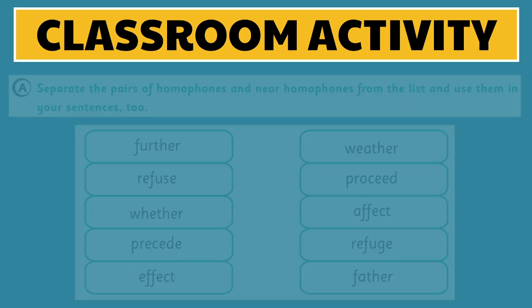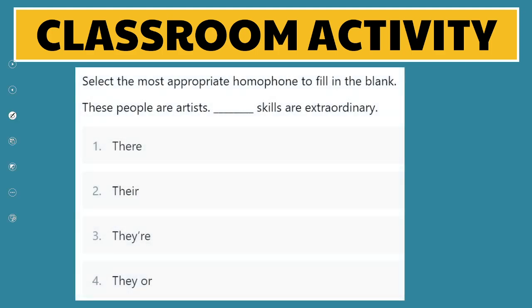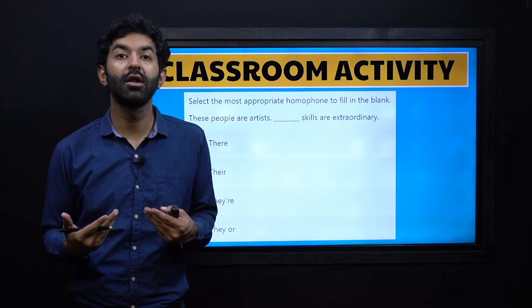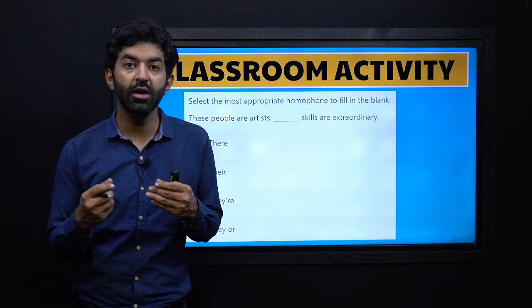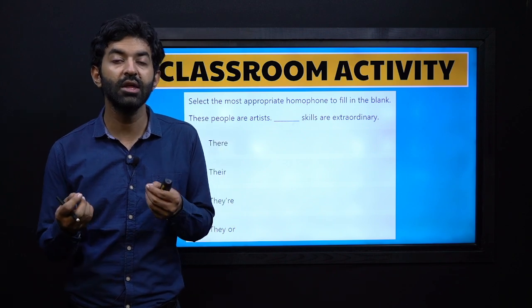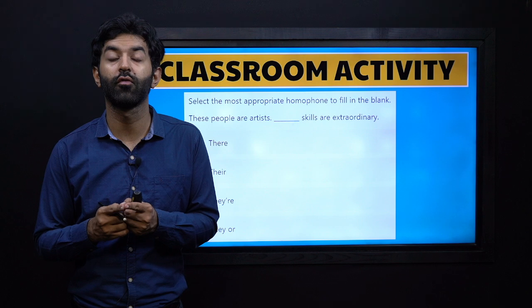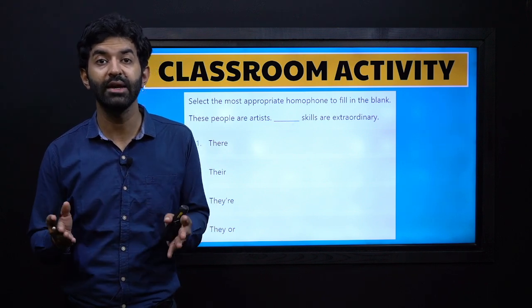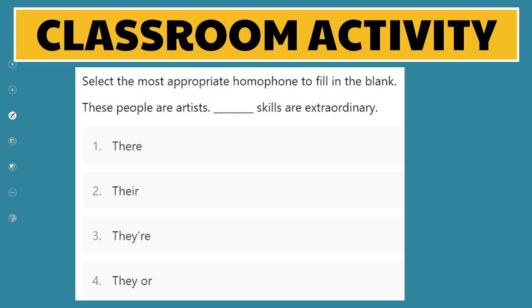Alright, students. Now, let's do the activity for which we are learning homophones. When we are writing sentences, we need to choose the right homophone for the sentence. For example, these people are artists.